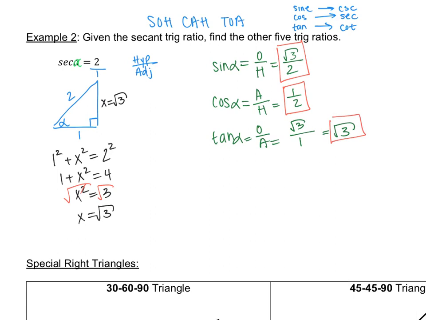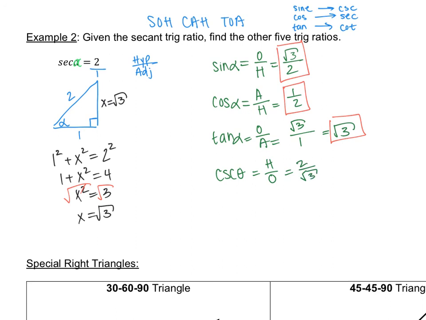We have secant, we don't have cosecant, so let's write that down. Cosecant is the reciprocal of sine. So I take sine, which is opposite over hypotenuse, and flip it. This ends up being h over o, because it's sine that's flipped. From here, this would be 2 over the square root of 3.